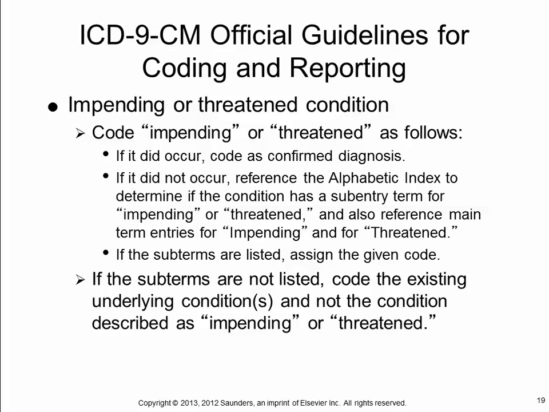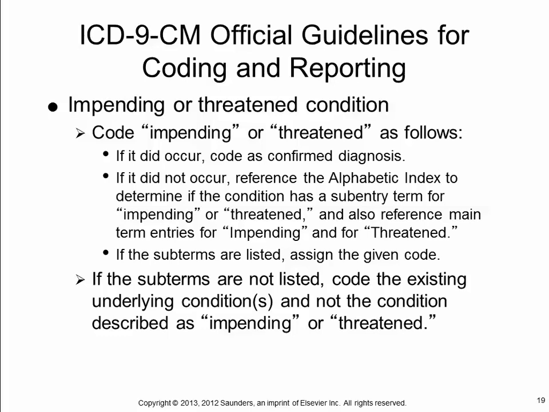Okay? If it doesn't occur and we've admitted them to the hospital, we've got to say why we admitted them to the hospital. Well, we admitted them because of a threatened abortion. They were going to lose that child. So we admitted them and treated them. If it didn't happen, then you're going to go under impending or threatened as your main term. Okay? And follow from there.